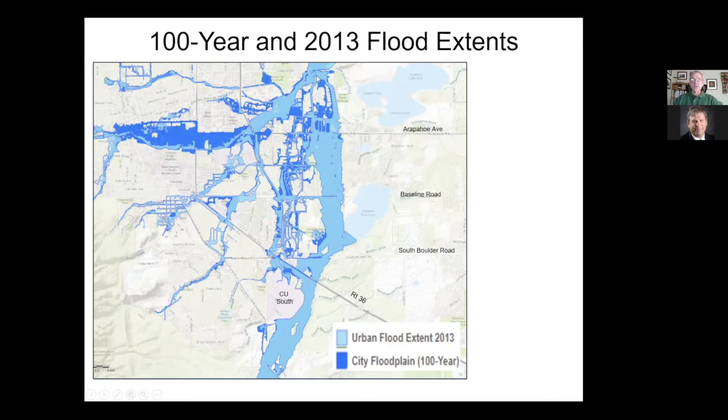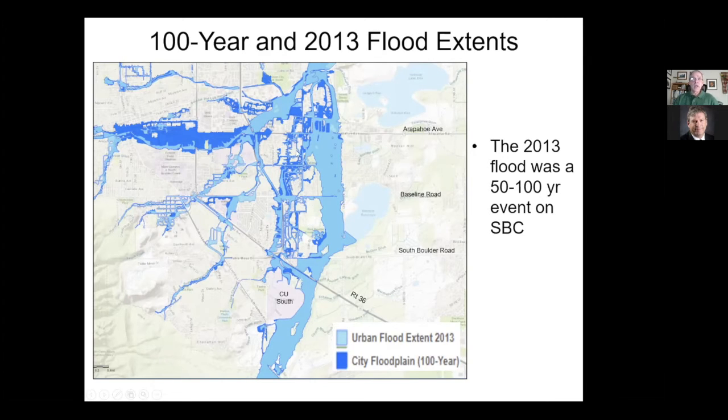Within South Boulder Creek itself, you can see there's not much difference between the light blue and dark blue. What that suggests is that the 2013 event was less than a 100-year flood event, but estimated somewhere between a 50-year event and a 100-year event. Some of the main differences are in the West Valley, which I'm circling with my mouse right here, in the center of the screen, in which the 100-year event actually covers a slightly larger extent.